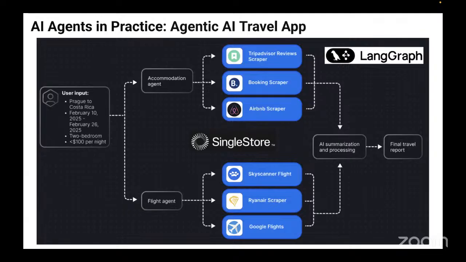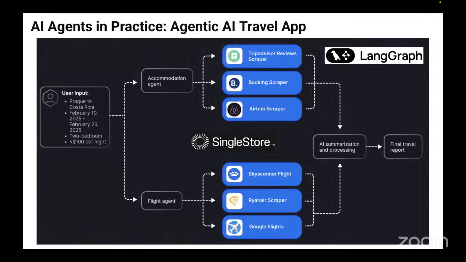And there are two tables that we're going to create: an accommodation table and a flight table. And there are two agents also here, an accommodation agent and a flight agent.